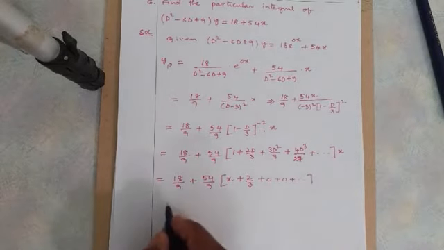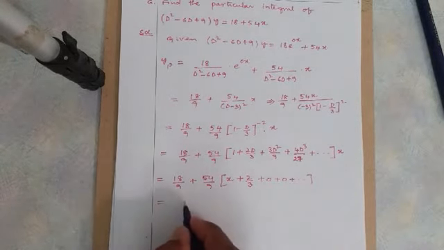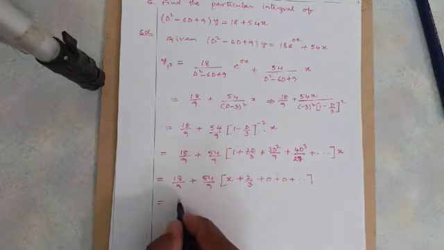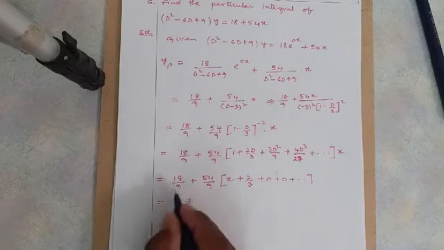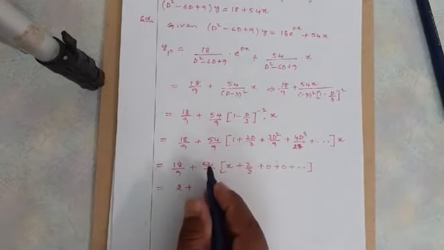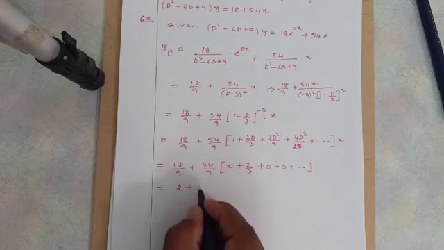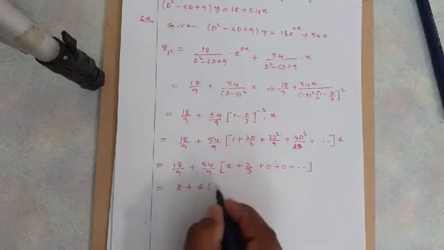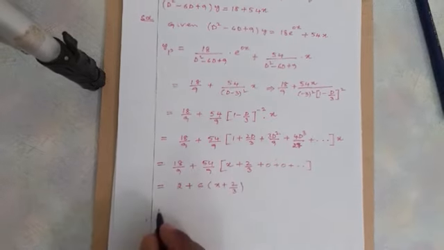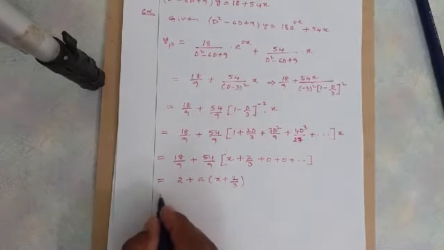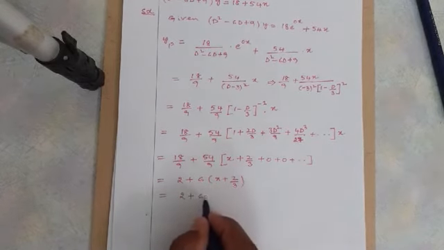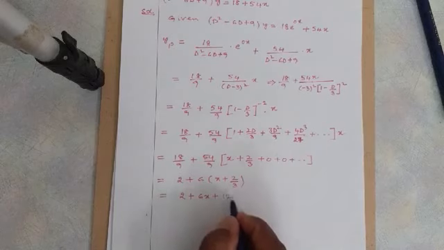Now after this we write this is equal to, as you know, we can cancel in the starting itself, no problem. Here we are cancelling this. So 9 ones are 9, twos are, and then 9 ones are 9, sixes are, you get here 6, in bracket you have x plus 2 by 3. Then at last you can get the answer as 2 plus 6x plus 12 by 3.